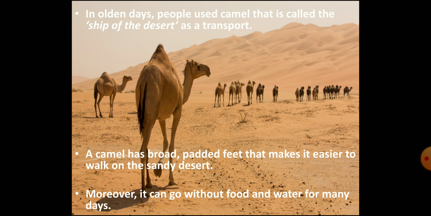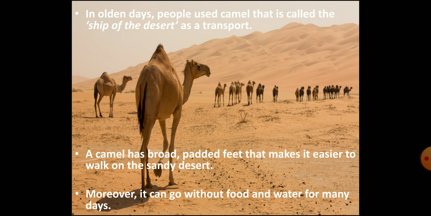For example, it has long padded feet that help it to take long strides on hot sand and walk easily. A camel stores food in its hump and can travel without water for many days. Due to these reasons, the camel is truly the ship of the desert.